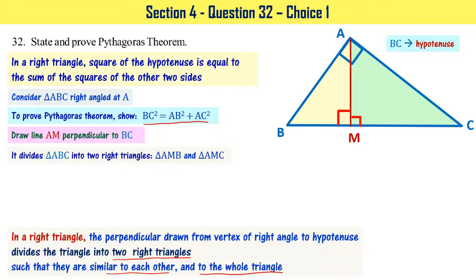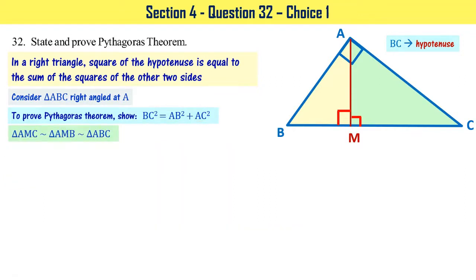It means triangle AMB and triangle AMC which are formed are similar to each other and they are similar to triangle ABC also. Let's write that. Triangle AMC is similar to triangle AMB and that is similar to triangle ABC. Let's take a note of that.